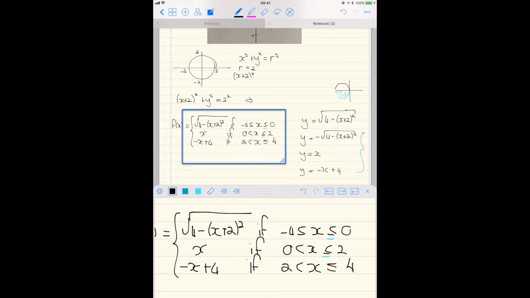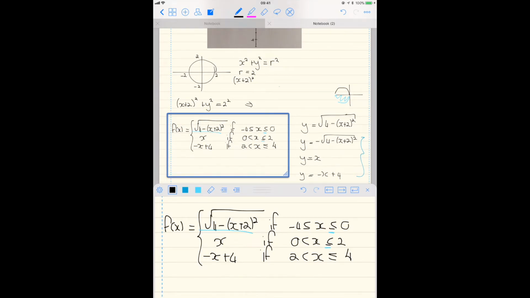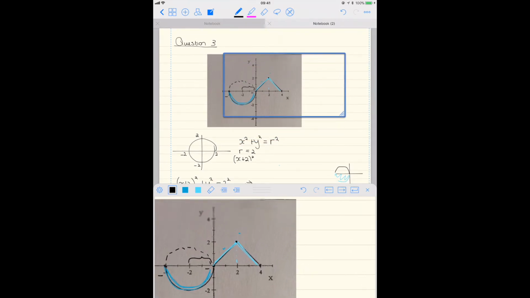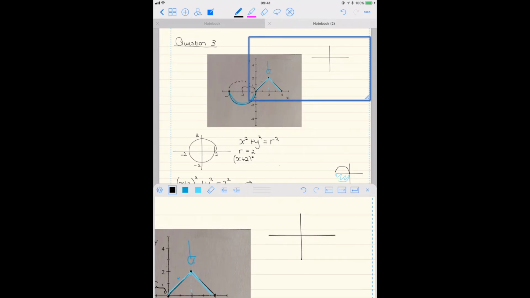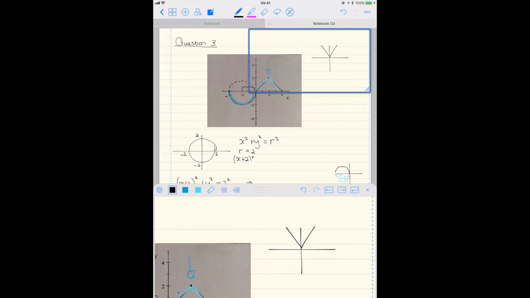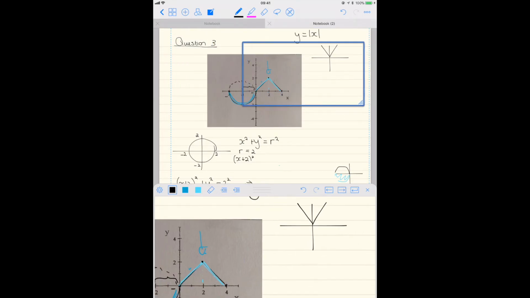Now this is only one way of writing it. The other way of writing this piecewise function is by looking at this part here. Now this looks a lot like an absolute value graph that's just being moved and reflected. So we would have this is the normal y is equal to the absolute value of x.